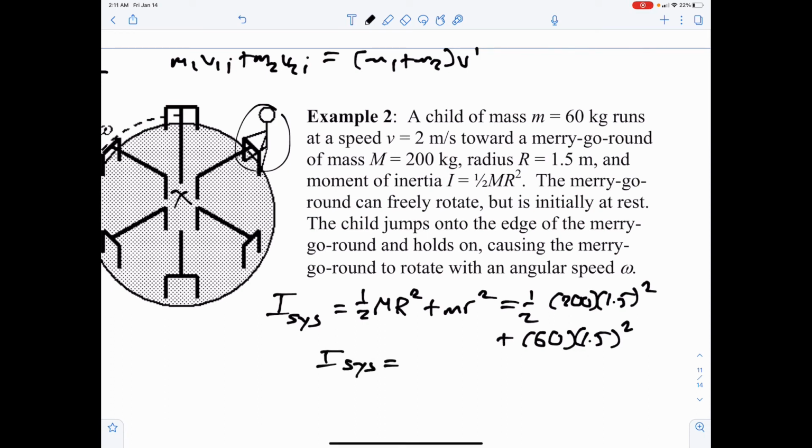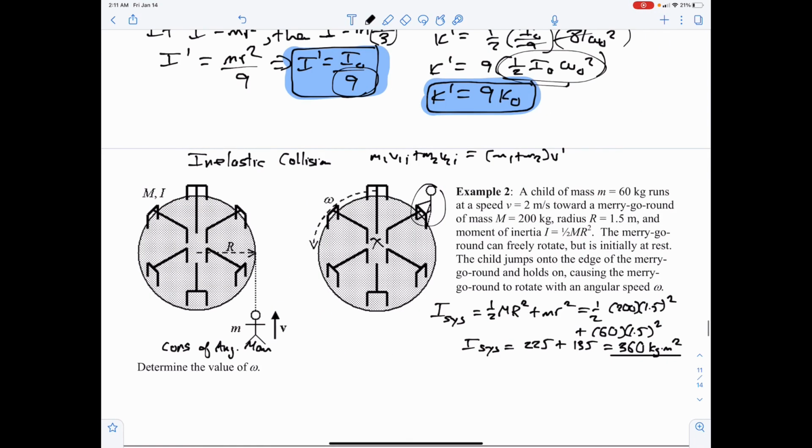That's 225 plus 1.5 squared times 60, which is about 135, which would be about 360 kilograms meters squared. Okay, we're going to need that and have that in our hip pocket.